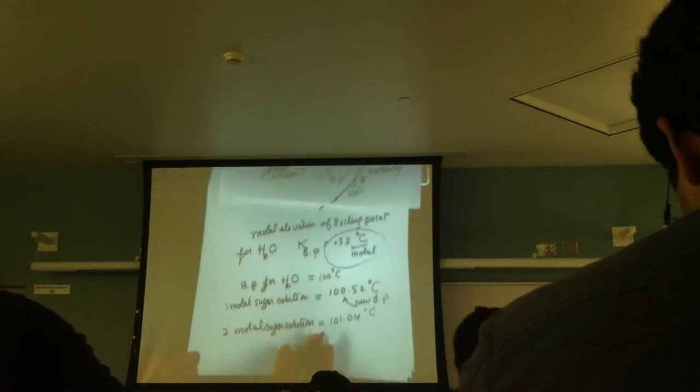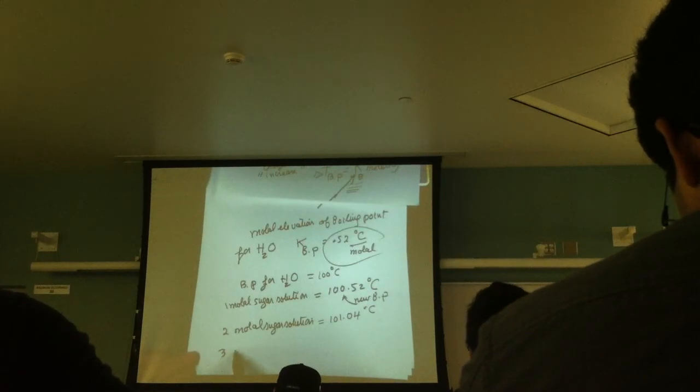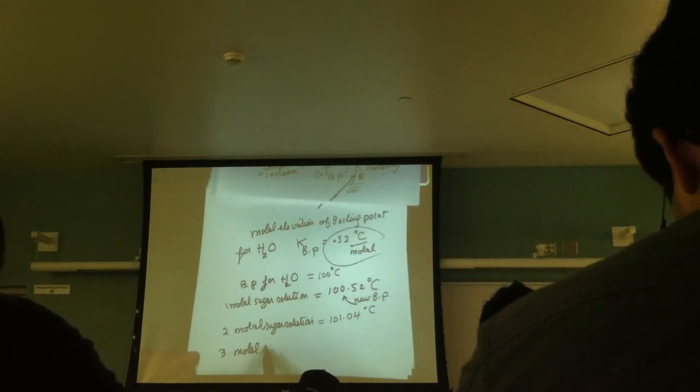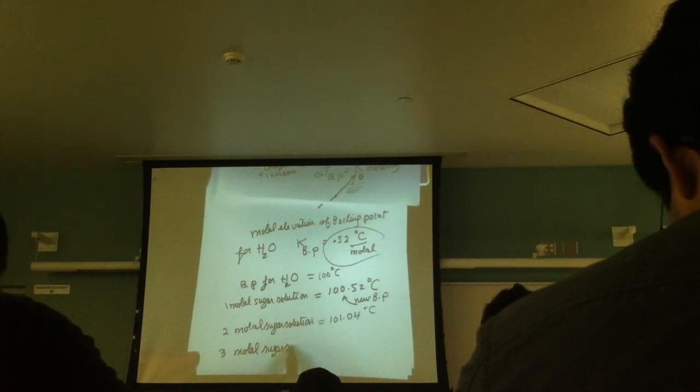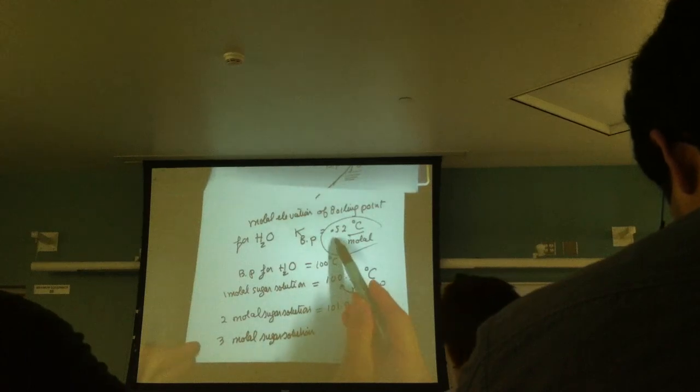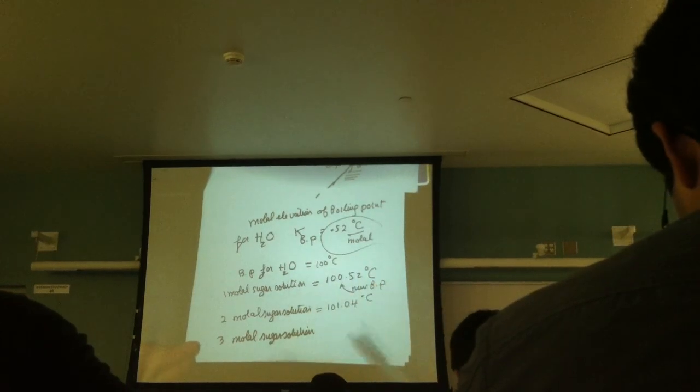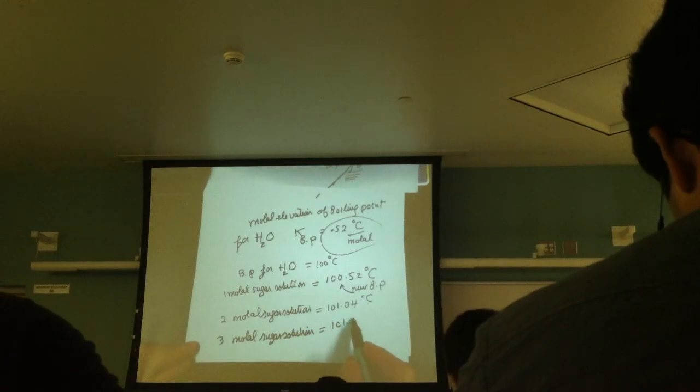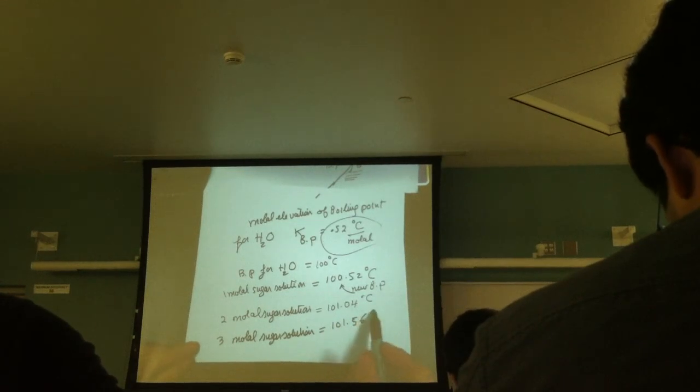You got the idea? How about if I have a 3 molar sugar solution? What will be the increase in the boiling point? Will be 3 times that, right? See?